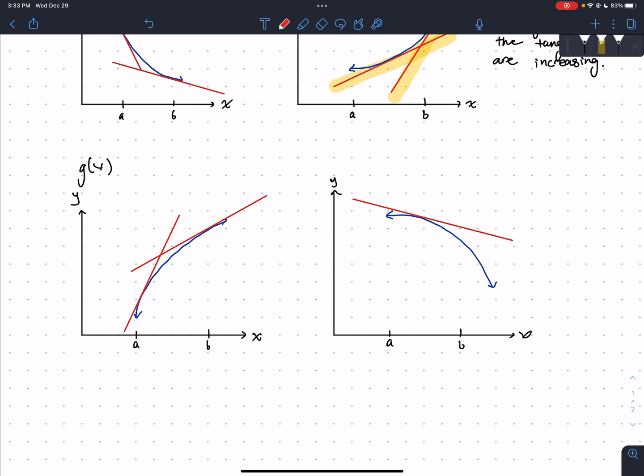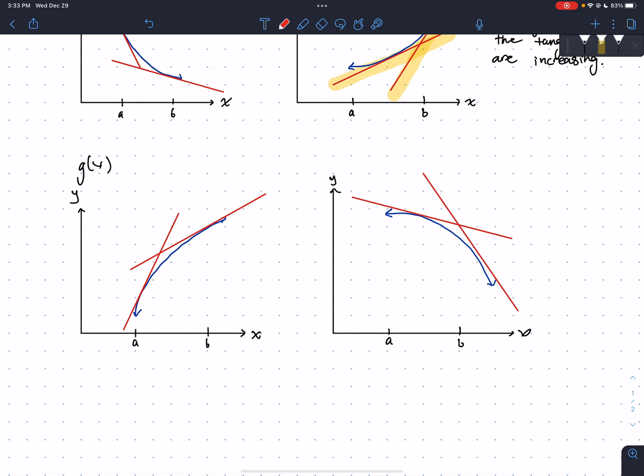How about if I draw another one here to here? This is not working out. Right here. Okay, perfect. So we see that the rate of change between the two tangents is decreasing, right? It's getting more and more negative. And here it's also getting more and more negative. It's going from a really positive slope to a not as positive slope, okay?